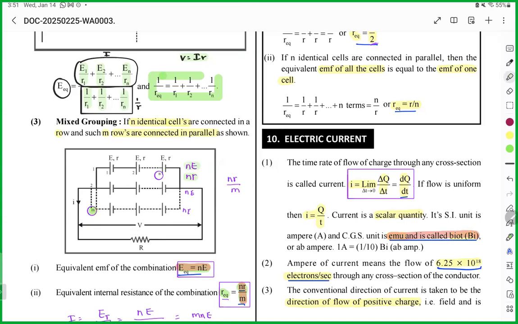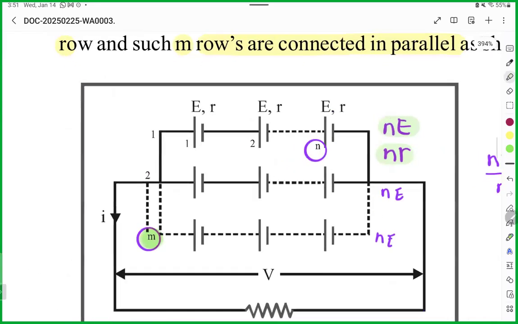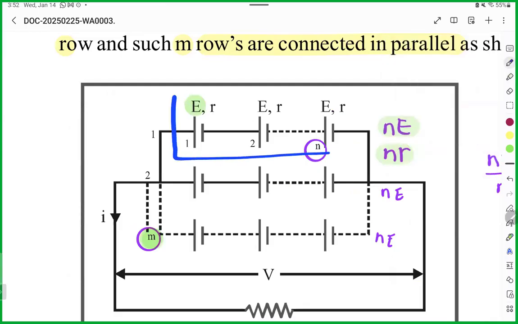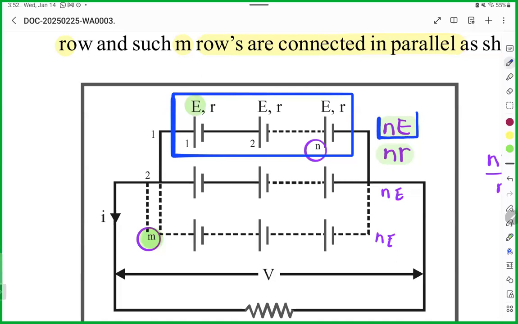So, Pratigya, in case of series, if the EMF of one cell is E, what will be the EMF of all these cells in series? NE, because potential is added in series.